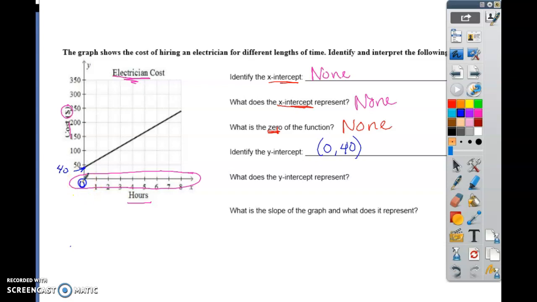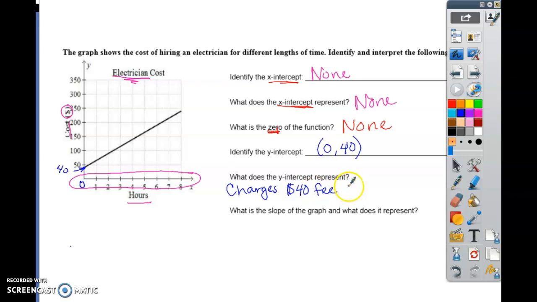No, because this is zero, right? He hasn't started working and he's already getting paid? Wow. So the electrician charges a $40 fee without working. So just to come out and check it out. Charges $40 fee.